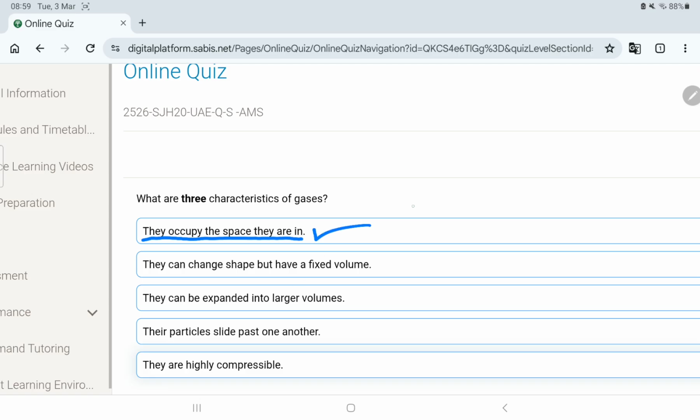If you have a room, let's say this is a room, right? The gas particles, they're gonna all spread across the room, right? Well, then if you put them in a small box, they're also gonna spread across the small box. So do they occupy the space they are in? They do. So these are gases, so gas particles.